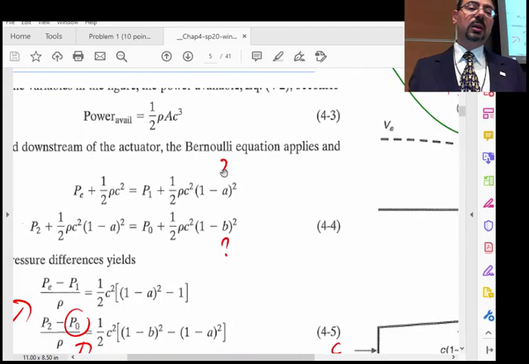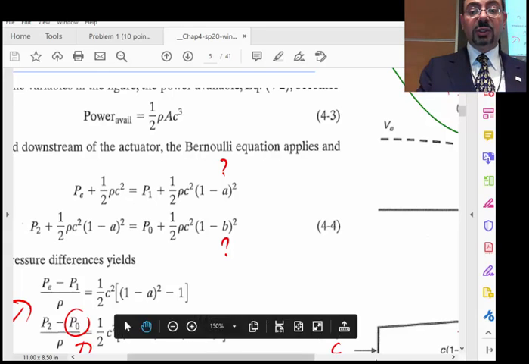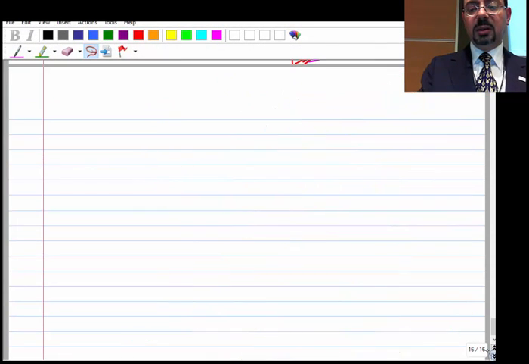Here's Bernoulli. P over rho plus half V square, or if you want to write it in pressure terms, it's P plus half rho V square. We said there are 3 ways to write the Bernoulli equation. You guys remember?